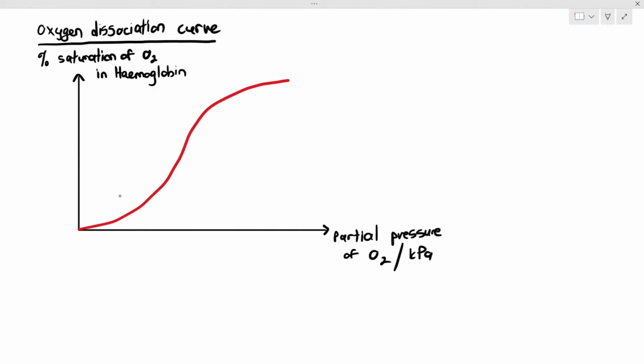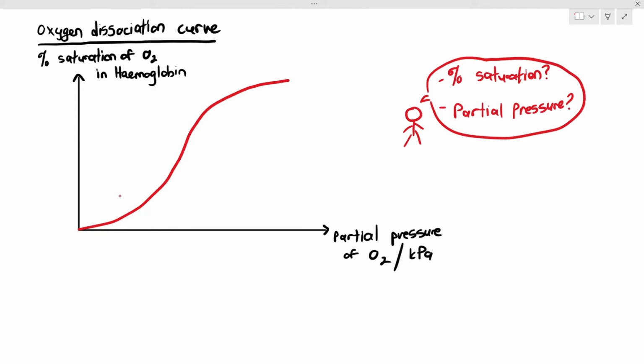So when students look at this graph, they go, well, what is going on here? What is this whole thing about percentage saturation? What is partial pressure of oxygen? I want to know all that in detail. Okay, so let's break it down first. Before we go through the curve, we have to understand a few things.